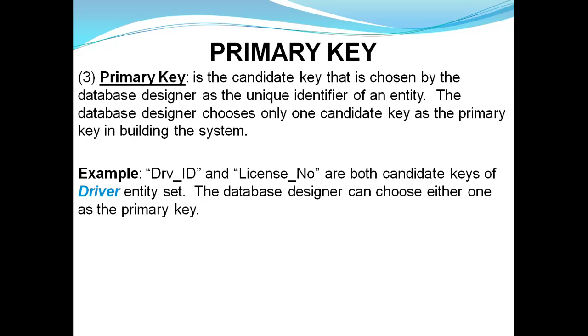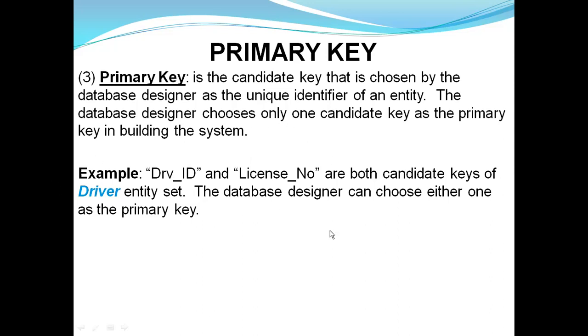Only one. Simple. Next is the secondary key. What is a secondary key? If we have multiple candidate keys, then one can be chosen as the primary key and the remaining will be considered secondary or alternate keys.